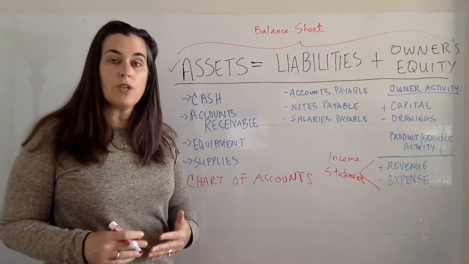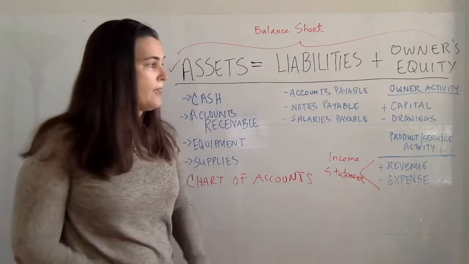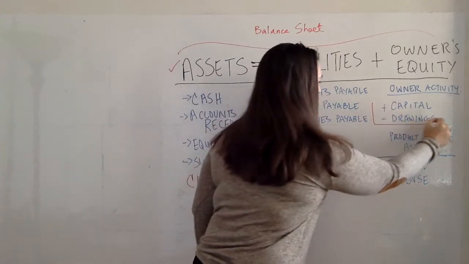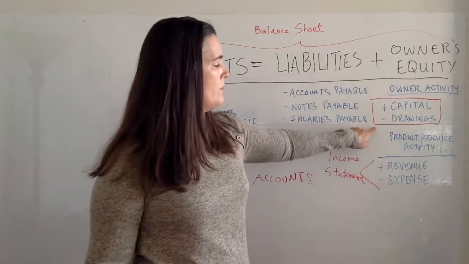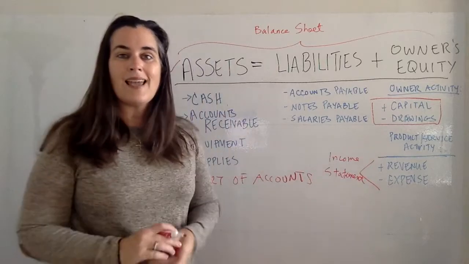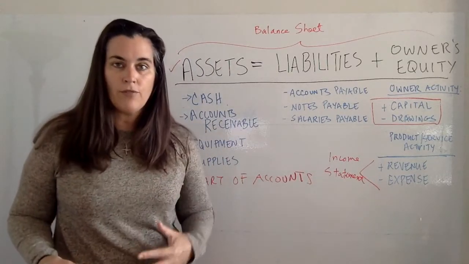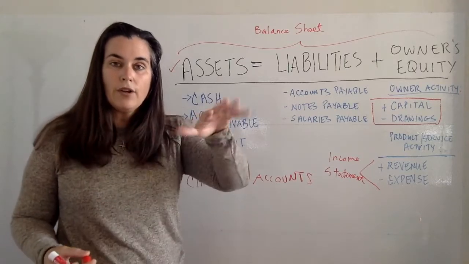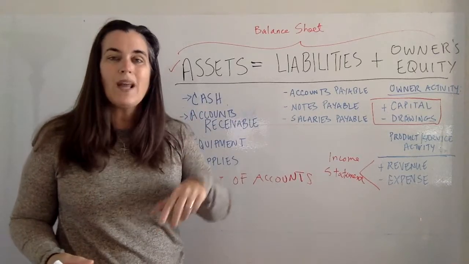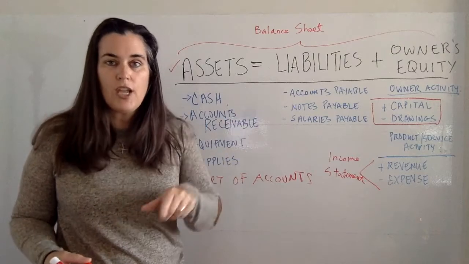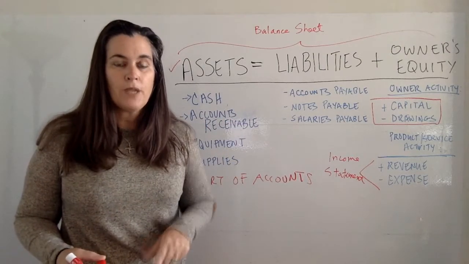We're also going to look at something called the statement of owner's equity. That's going to be looking mostly at this piece here. Okay, statement of owner's equity is right there. It's looking at the beginning balance of capital and then the ending balance of capital for the owner of the company, and then looking at some of the detail in the middle. So what happened during the year that changed the capital balance for the owner?